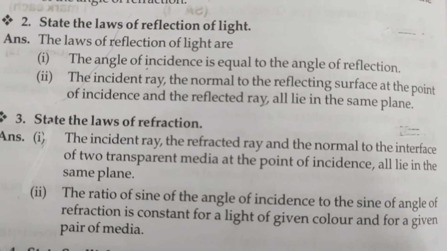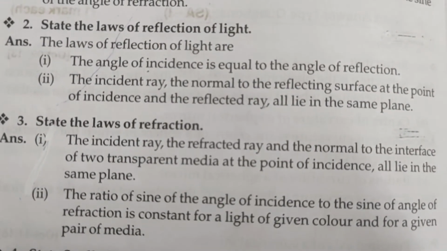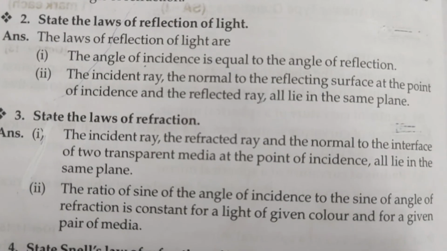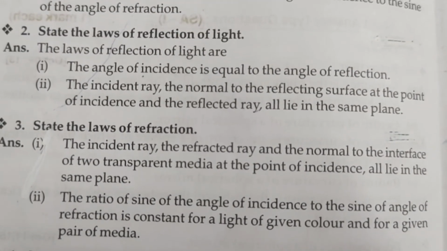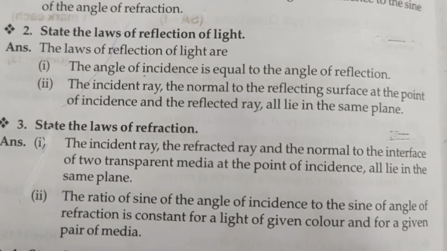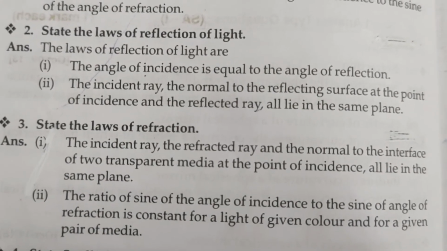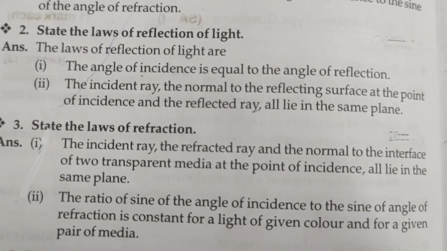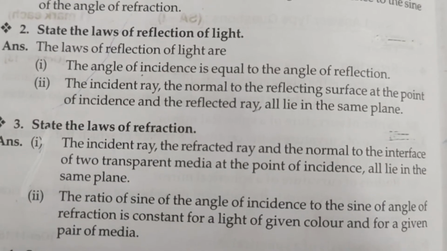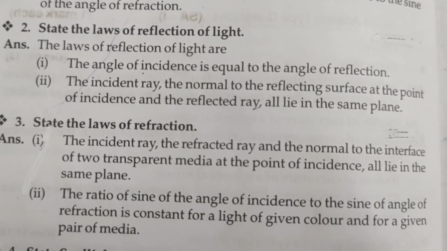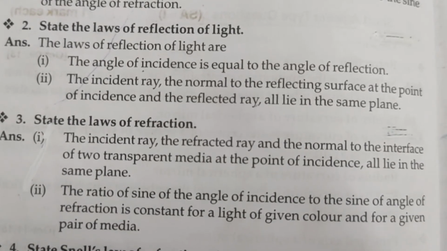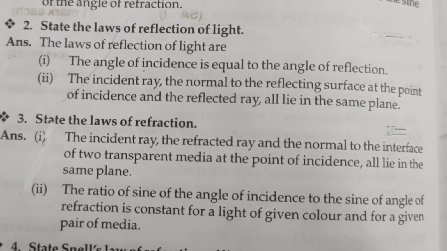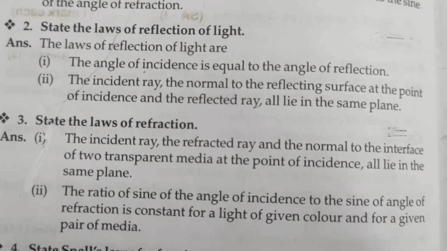State the law of refraction. First, the incident ray, the refracted ray and the normal to the interface of the two transparent media at the point of incidence all lie in the same plane. Second law, the ratio of the sine of the angle of incidence to the sine of the angle of refraction is constant for light of a given color and for a given pair of media.